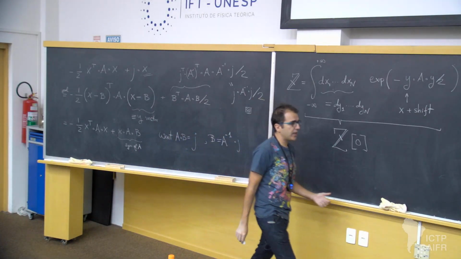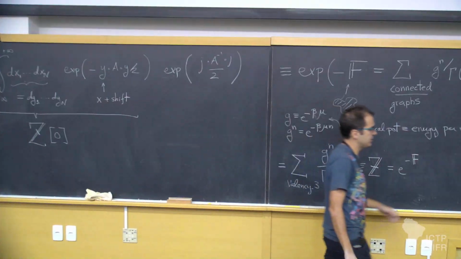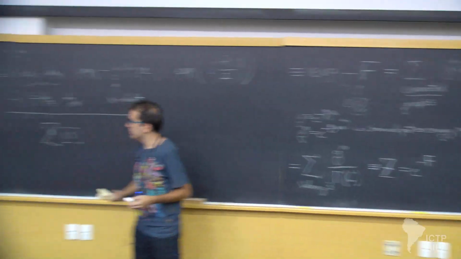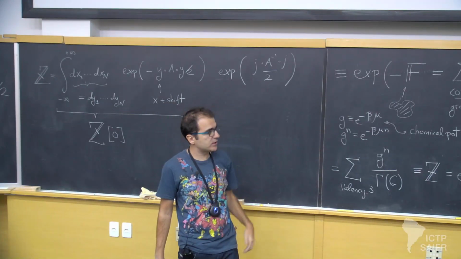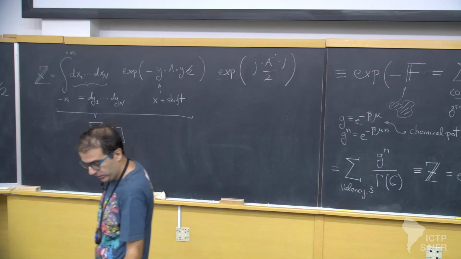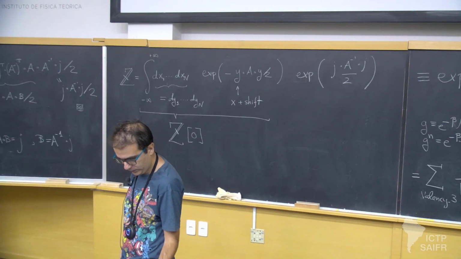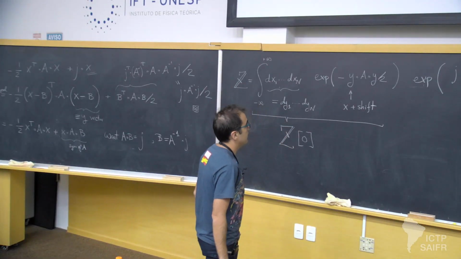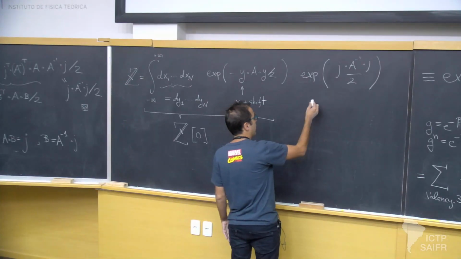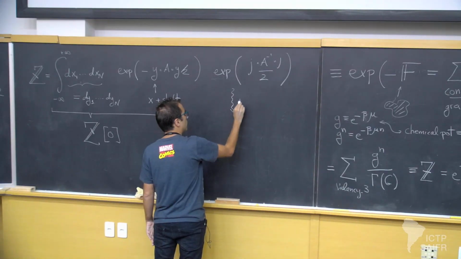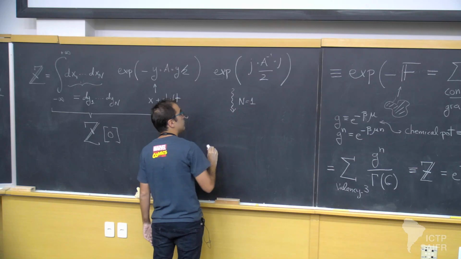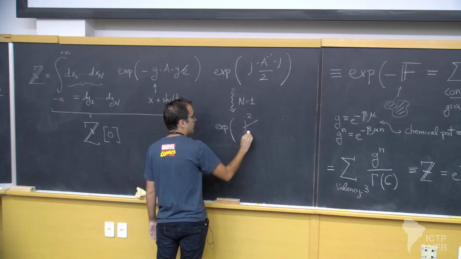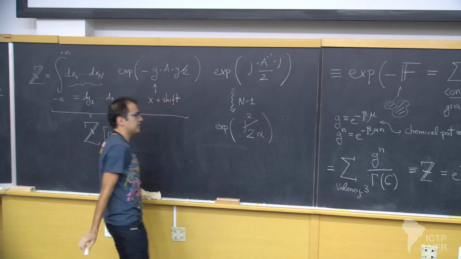We did not prove yet that z of 0 is this determinant. I'll do it a bit later. It's very easy to do, but for what we want, which is to compute expectation values of x1 and so on, we don't need it, so let's postpone it. Again, when n equals 1, with one component, this reduces to exponential of j square over 2 alpha, which was the result we saw yesterday.